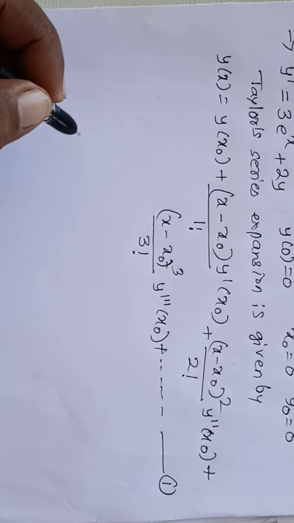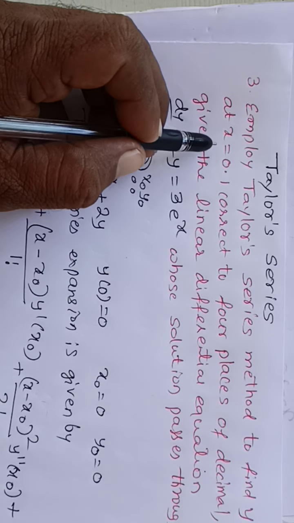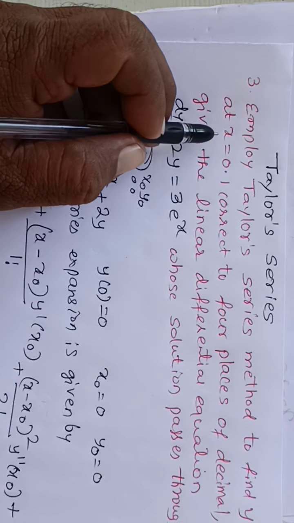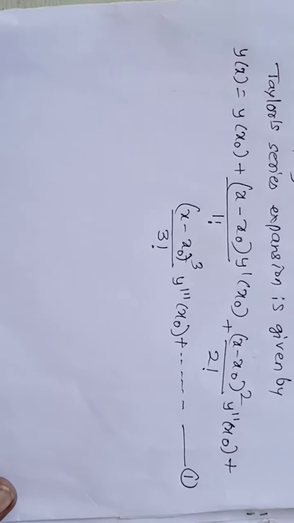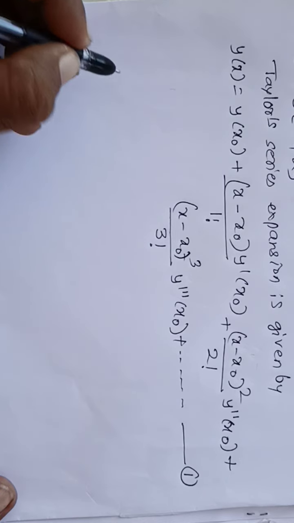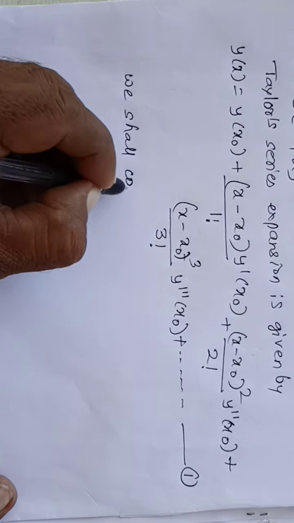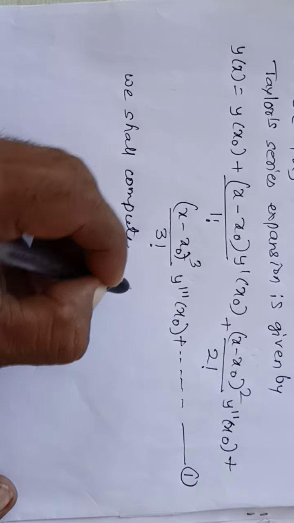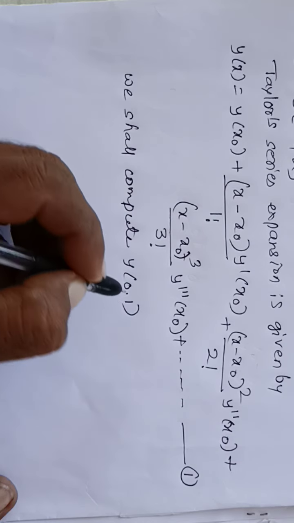So next, what we have to do? What are we going to prove here? We have to find y at x is equal to 0.1. That means y of 0.1 we have to find out. So I am writing here one sentence. We shall compute y of 0.1.